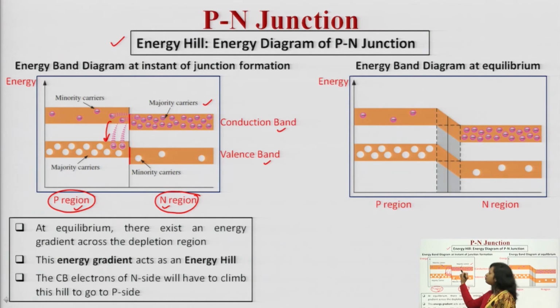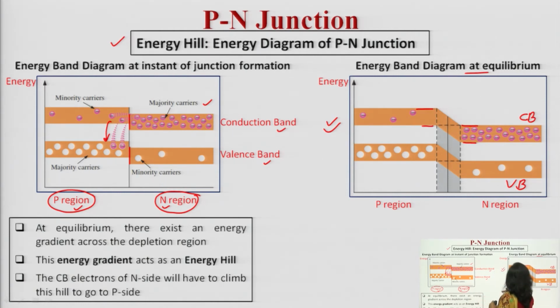Obviously, when the electrons are moving from here and crossing this particular junction, it means the energy level of N type semiconductor is being dropped down in comparison to P. So you can see in this particular case, which is at the equilibrium, when further diffusion will stop, this is the conduction band, this is the valence band, and you can see this level and this level, meaning there is a difference in energy.